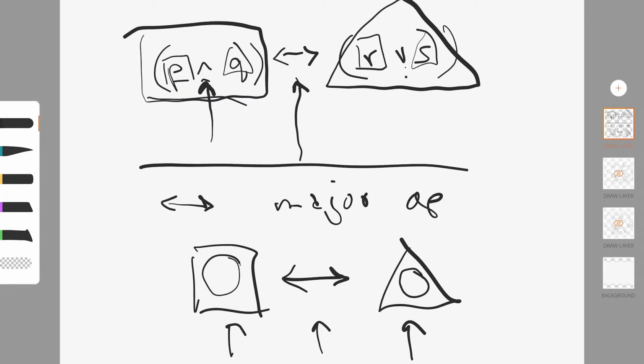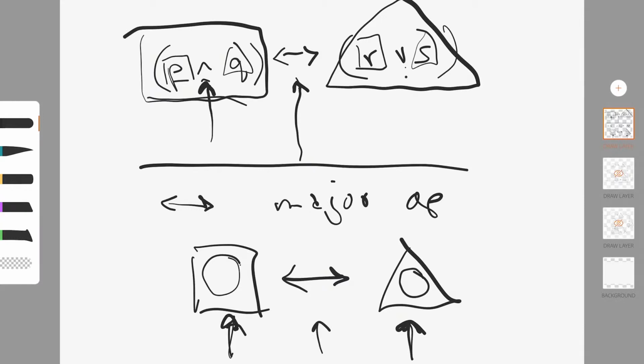So why do we think of it like that? Well, remember, all of our operators are truth functional operators. In other words, they're basically like functions. And so what this operator operates on, essentially, is the truth value of whatever is in the square and the truth value of whatever is in the triangle. It takes these two truth values and uses them as inputs to a function, and then the inputs are mapped onto a specific output.